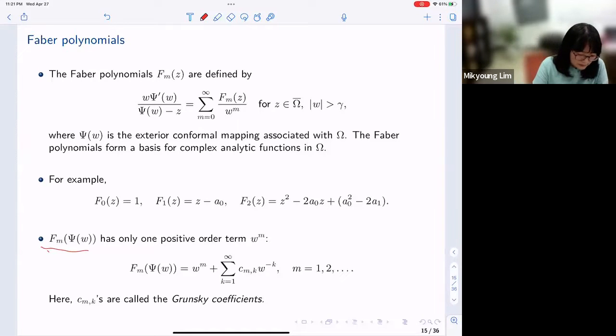So you can understand that the Faber polynomial is some polynomial of order m which has this property. But defining it by the generating relation has a better connection to the complex log function. Either way, you can define the same polynomial.